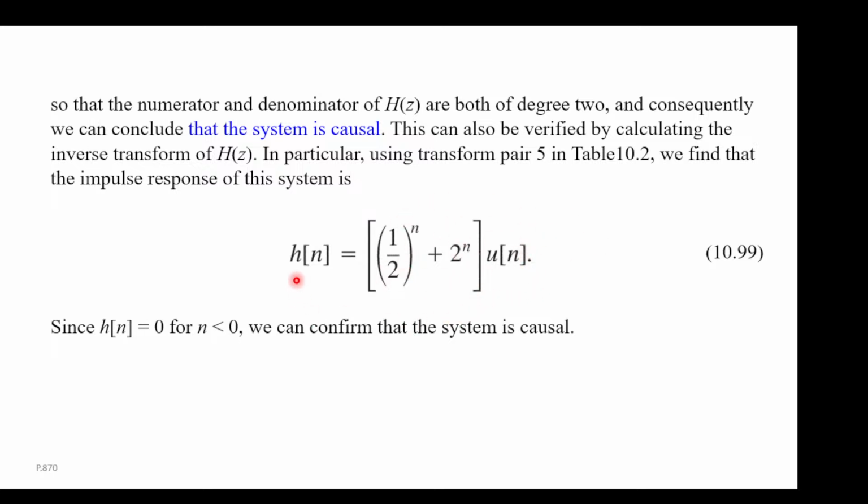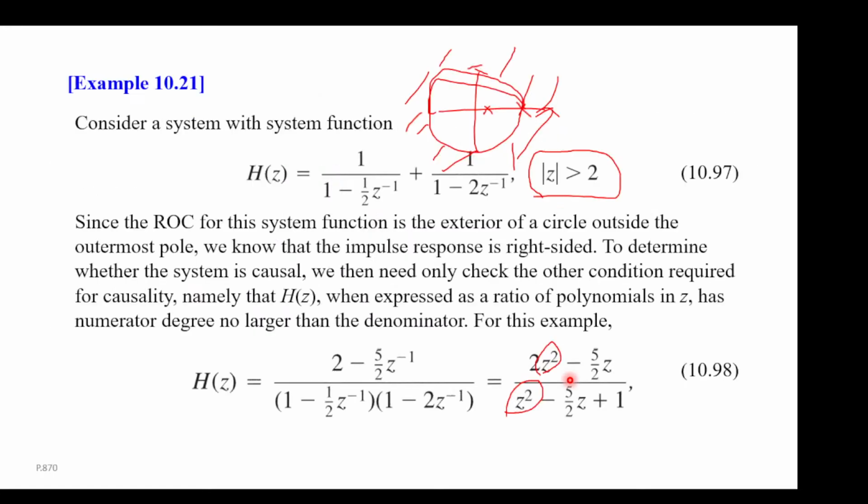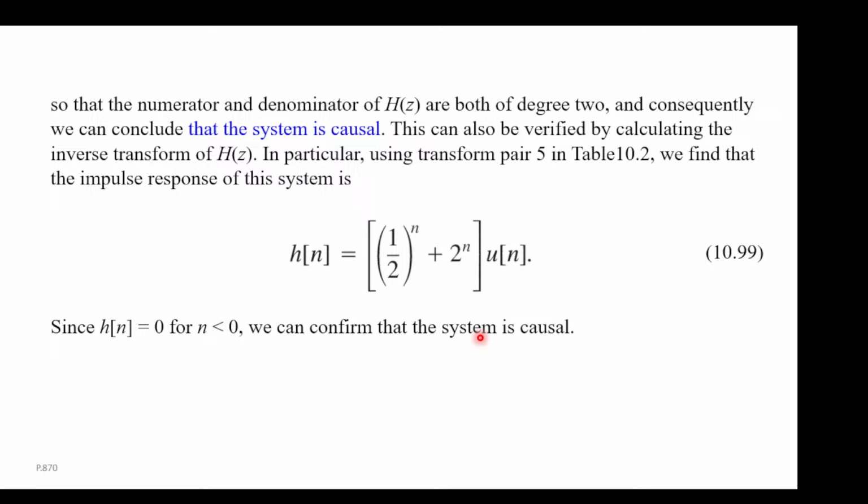Because of this u of n, the system is causal, which is consistent with what we predict from the property. The ROC is the exterior of a circle including infinity, so the system is causal. Question?